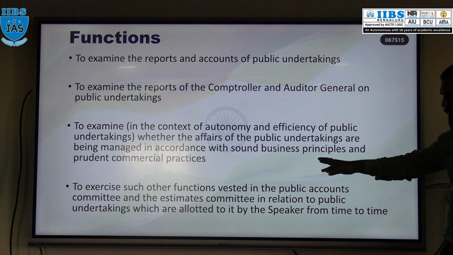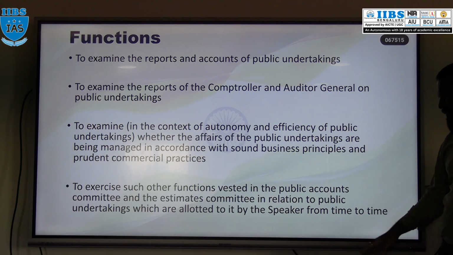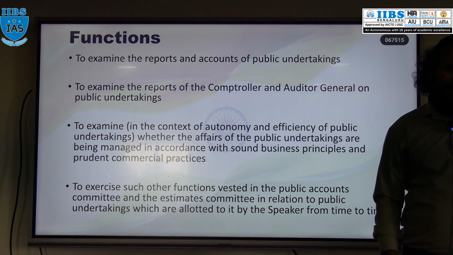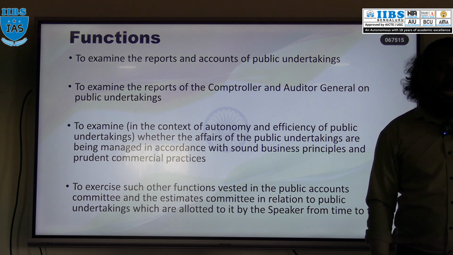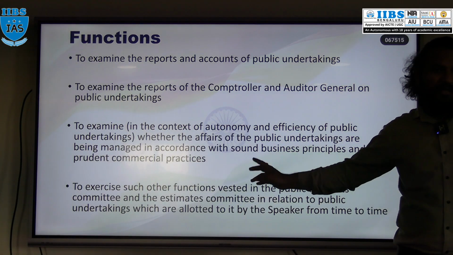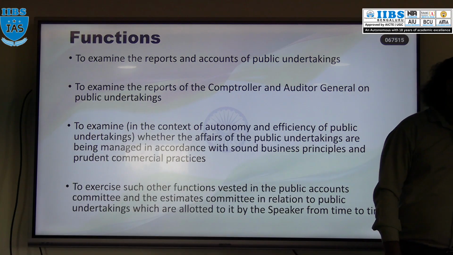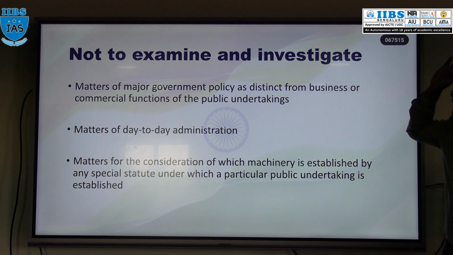Understood? It also has such other functions which the Speaker of the Lok Sabha can give as additional functions to be performed by this committee. Okay. And what is not examined or investigated by this committee?